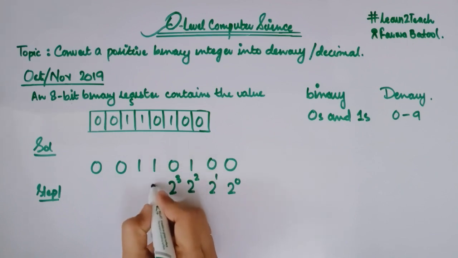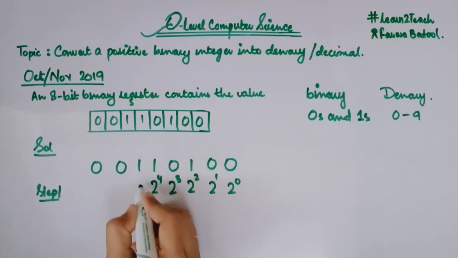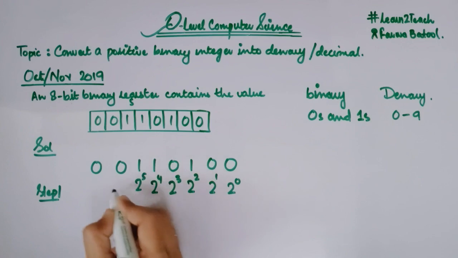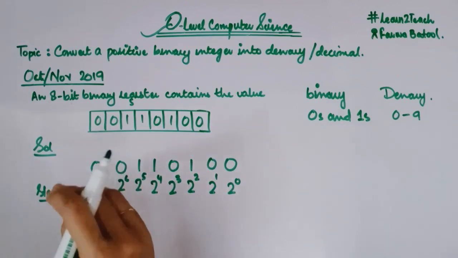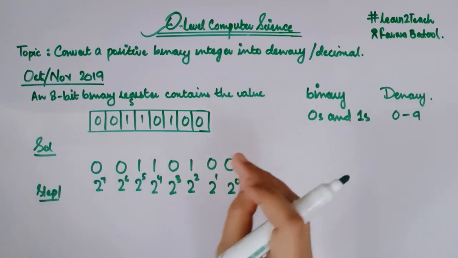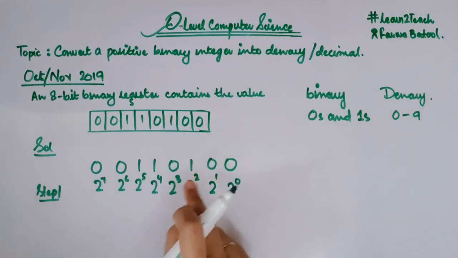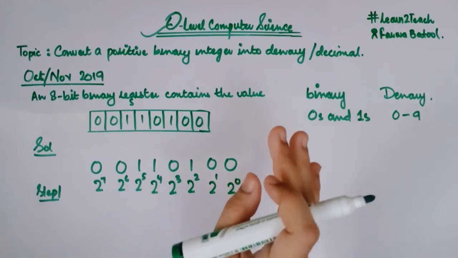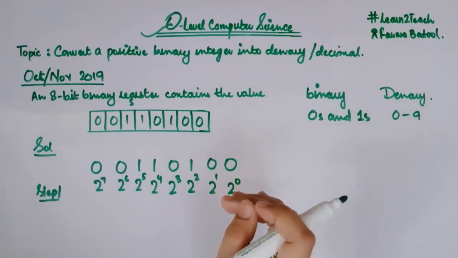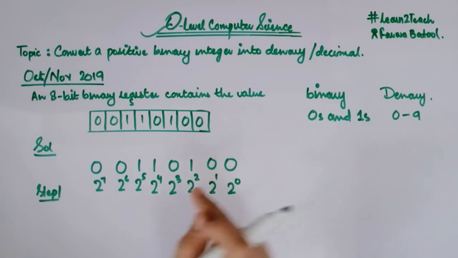So below this I'm going to write 2 raised to the power 4, then 5, then 6, and then 7. Now I would suggest that you must learn the value of these powers, right? Because you are not going to have calculators, so it is better practice that you learn these values.